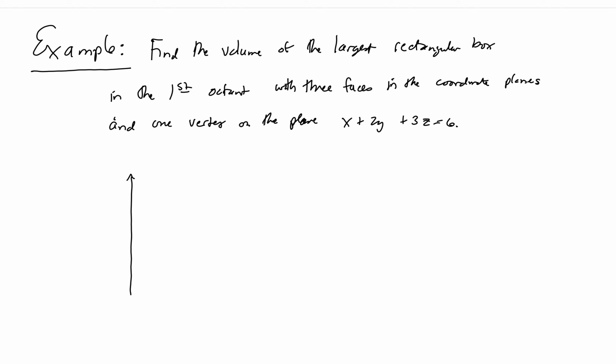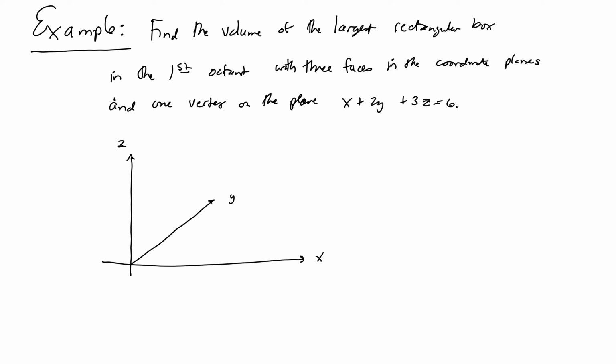So if we're thinking of this in terms of a picture here, I want my box to have faces in the coordinate planes. So there's one, there's another one, that's going to come down here somewhere, like this.